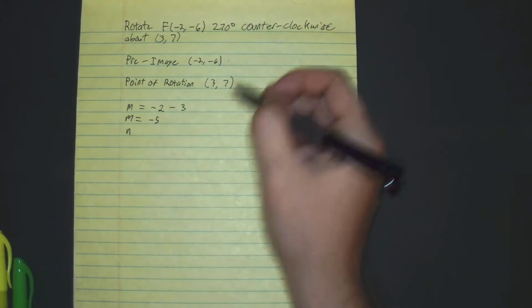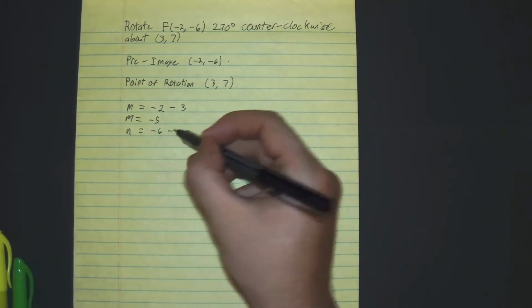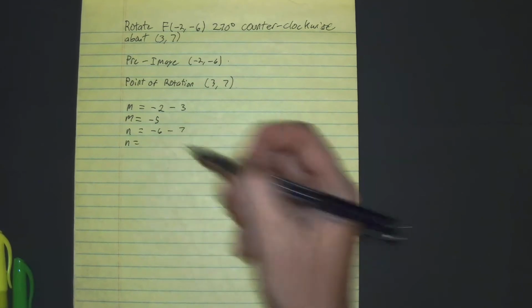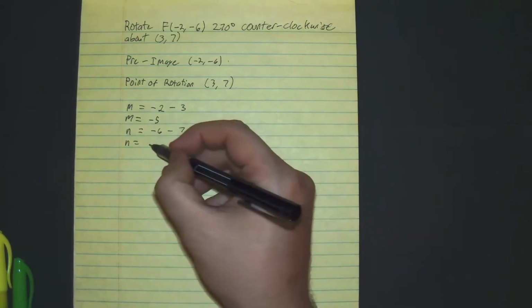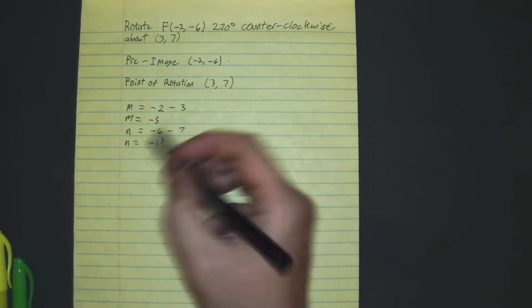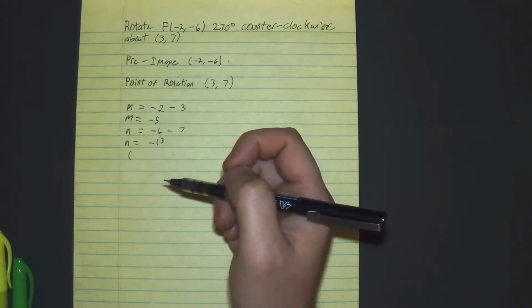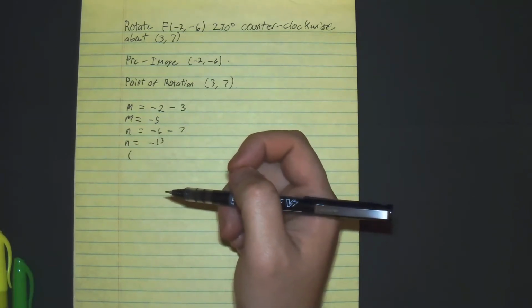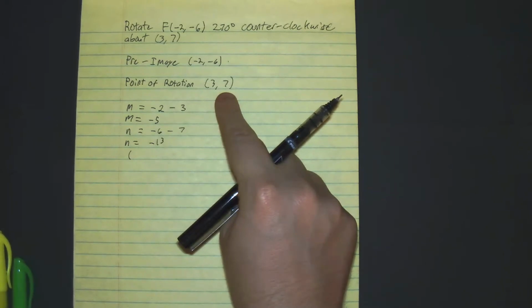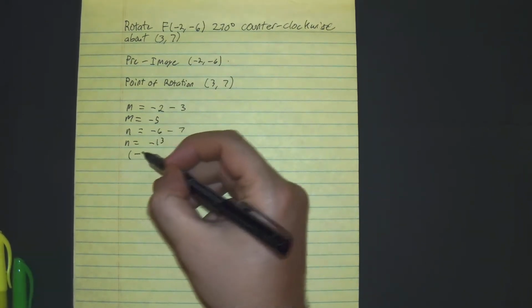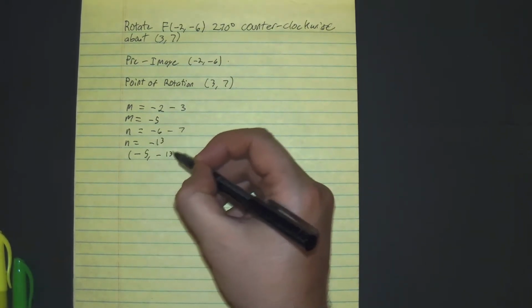Then N is -6 minus 7. You get N is equal to -13. So if this point was related to the point of rotation, it would be located at -5, -13.